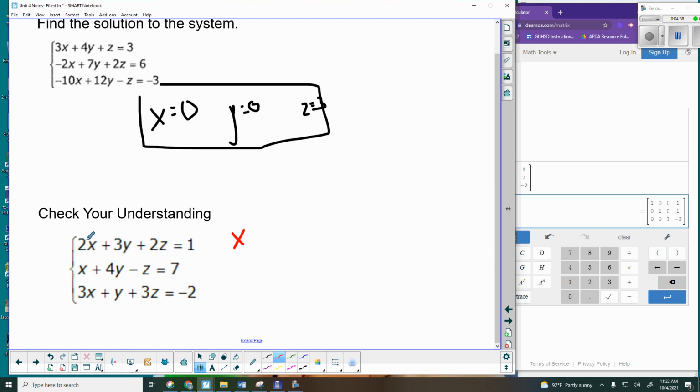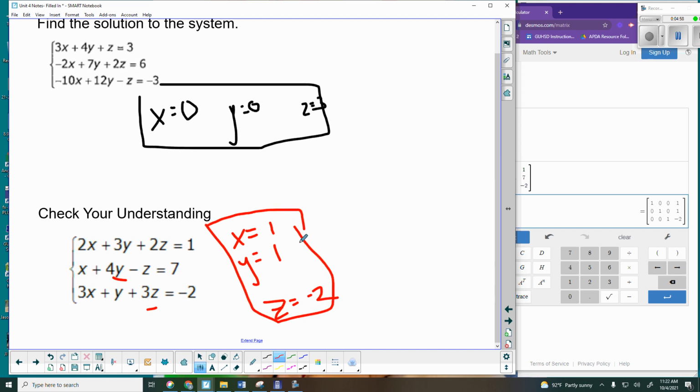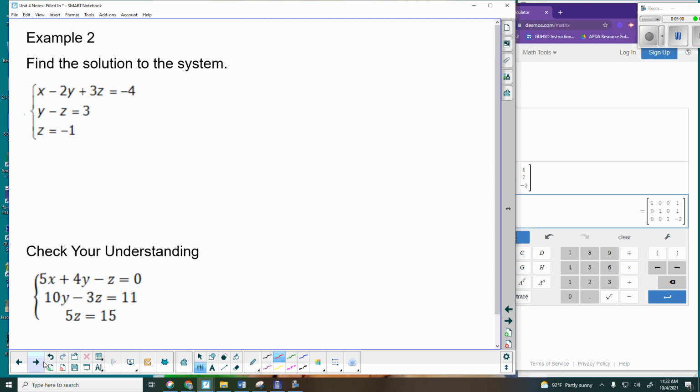So my x's were first, so x equals 1. Then my y's were second, y equals 1. And then my z equals -2. And that's our solution.